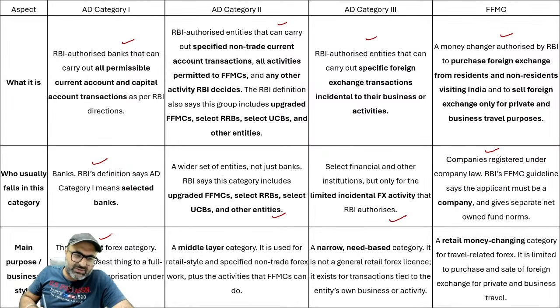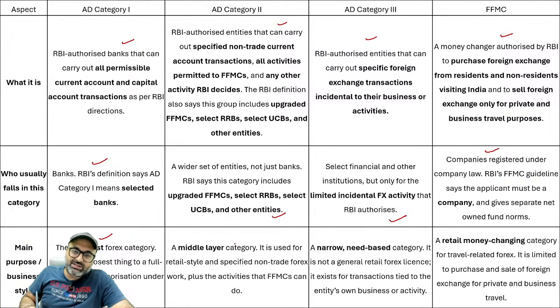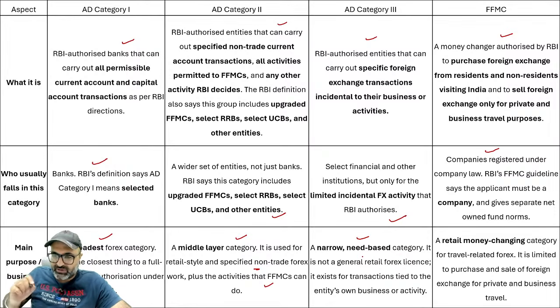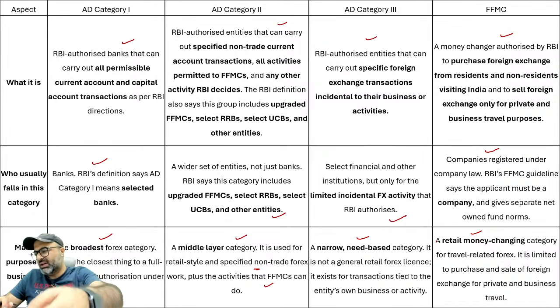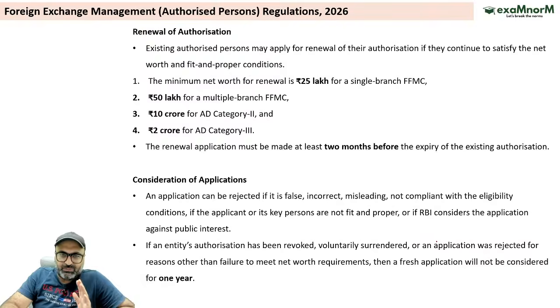The main purpose is to provide business services to importers, exporters, investors and so on. So it's a middle layer category. It is used for retail style and specified non-trade forex work. It's a narrow, need-based category given to a specific company only, and it's basic money changing: come, give one currency, take another currency. That is what needs to be done from an FFMC.